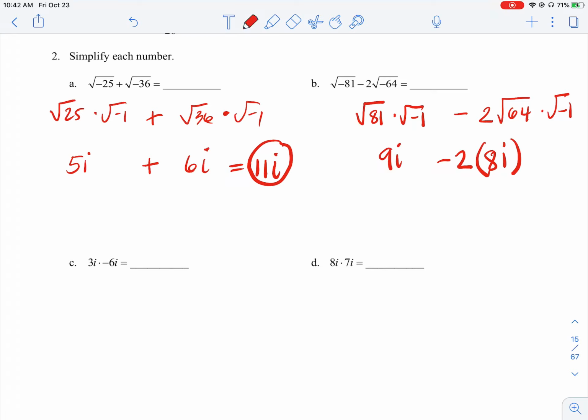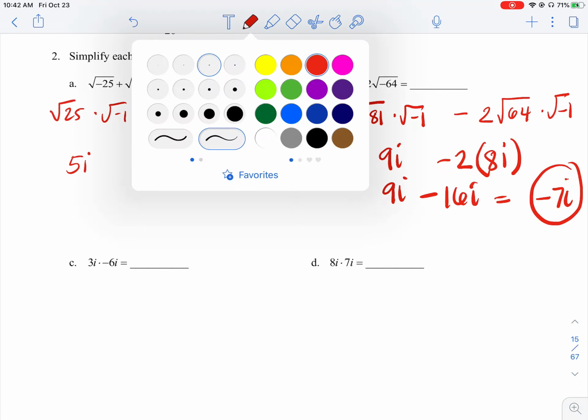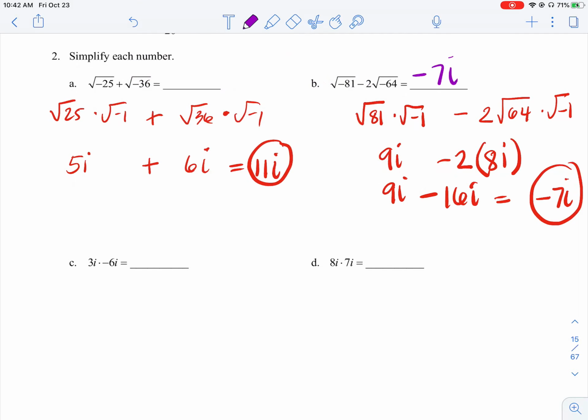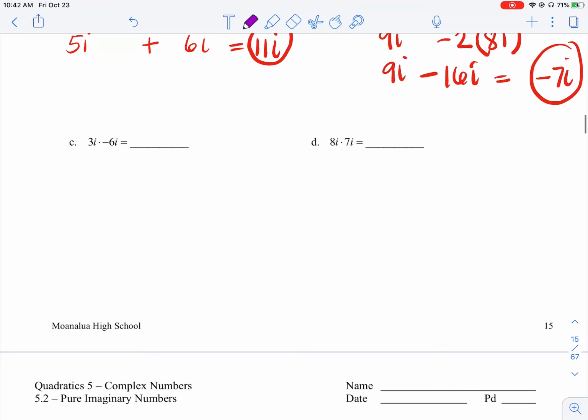So let us multiply before we subtract. 9i minus 16i, and we can still combine that into 7i. So our final answer is negative 7i.